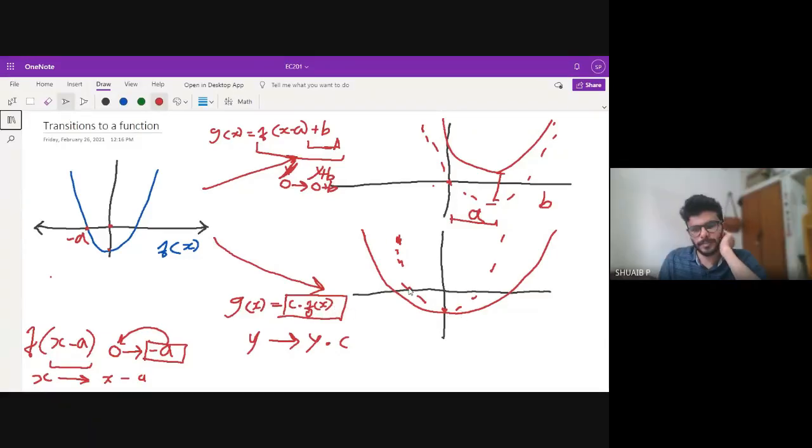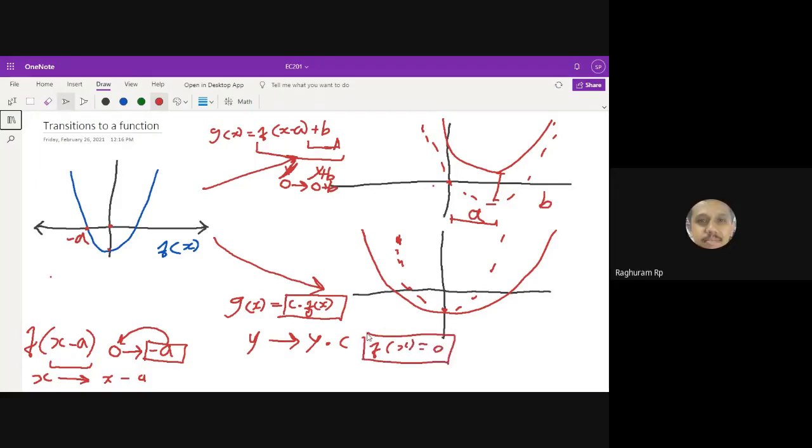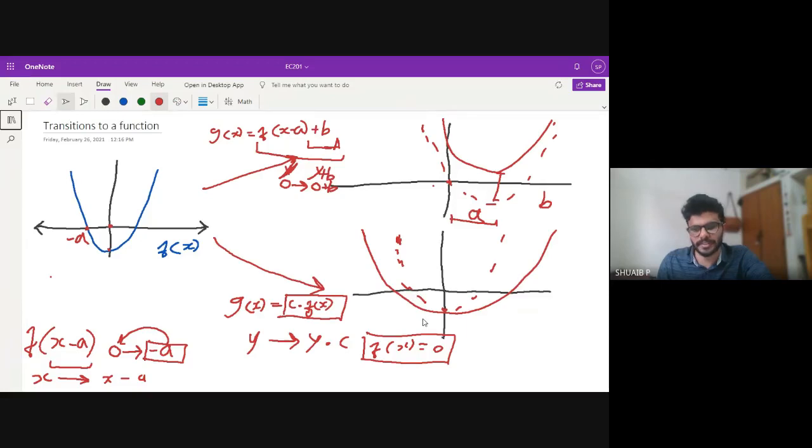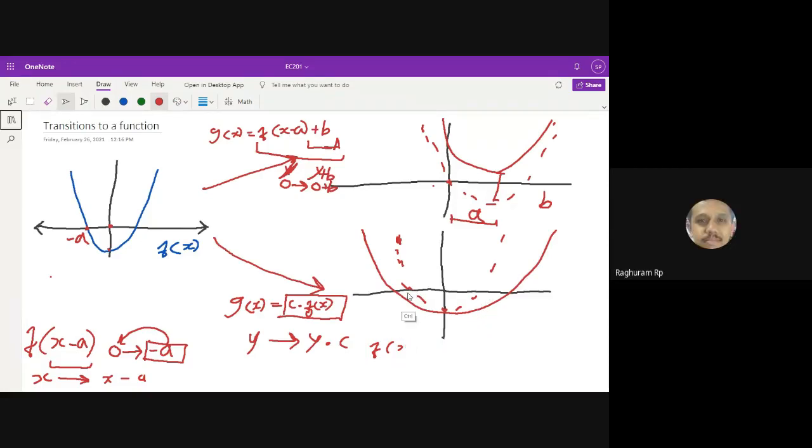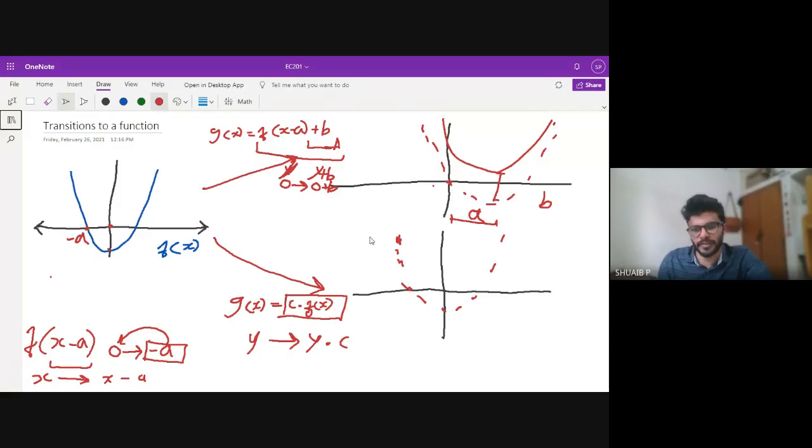I think at the point where f of x equals 0, it won't change, right? Yes, that's right. So it would be crossing this line, which would essentially be something like this.